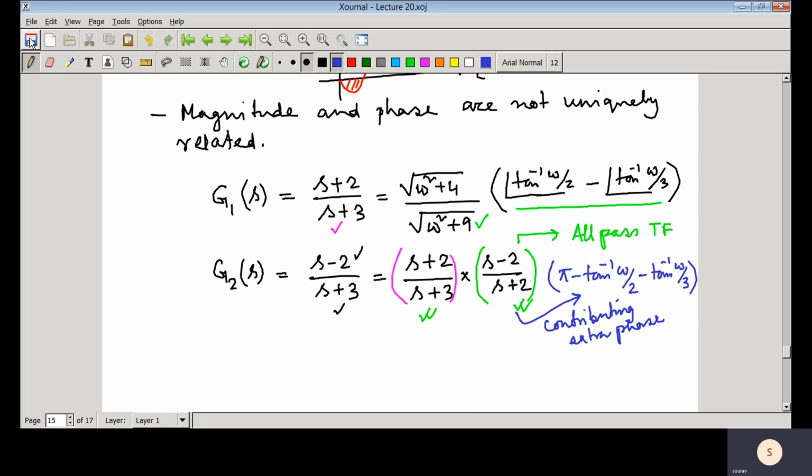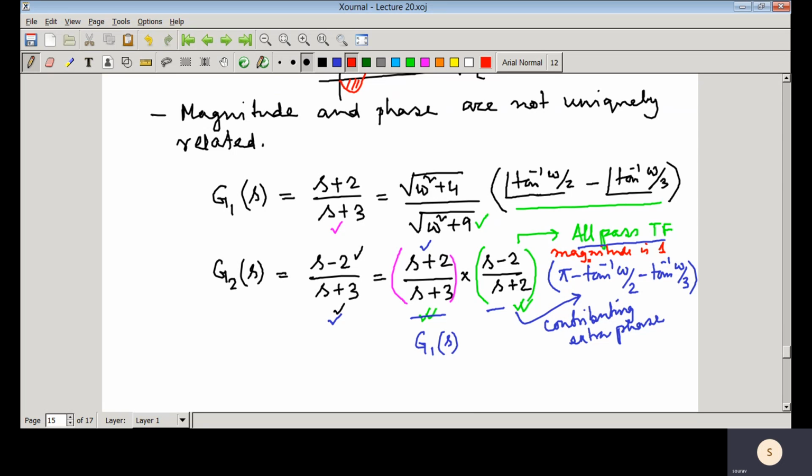So what we have seen here, whenever there is a zero on the right half of the s-plane, that can be represented as the product of two factors, and the first factor is similar to G1 of s. That means the poles and zeros are in the left half of the s-plane, but there is one all-pass transfer function, and its magnitude is always 1. So we can write that the magnitude is 1 all through the frequency.